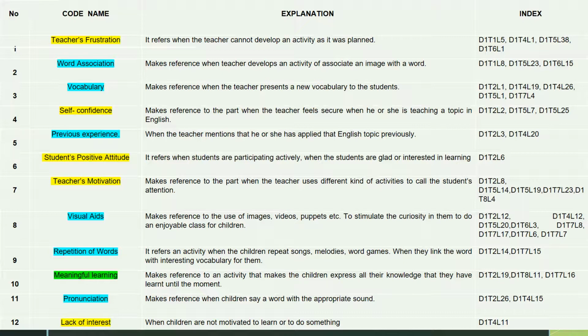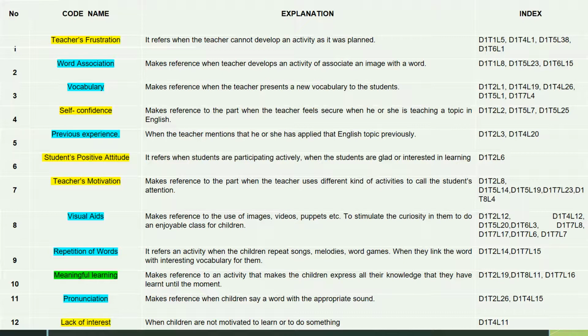For instance, the first one, teacher frustration, because in most of the diaries they said that they felt bad or frustrated because they don't know English or because they have a low level in English. Instead, self-confidence refers to when the teacher feels secure when teaching a topic in English.